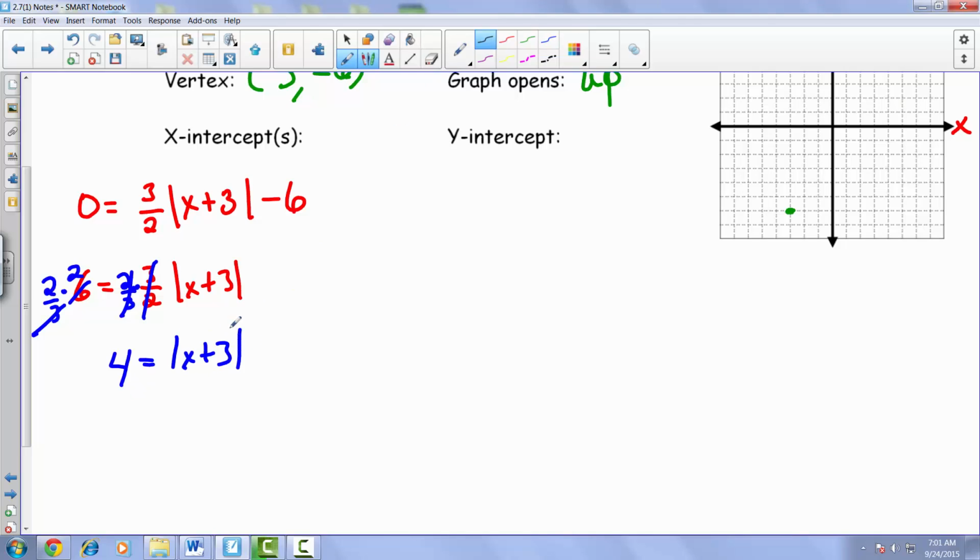Now that our absolute value is all by himself equals some number, notice this number is positive, so we can actually go ahead and do our split, where we have x plus 3 is equal to positive 4, and x plus 3 is equal to negative 4. And then just solving for x. So we end up then with x is equal to 1, and x is equal to -7.